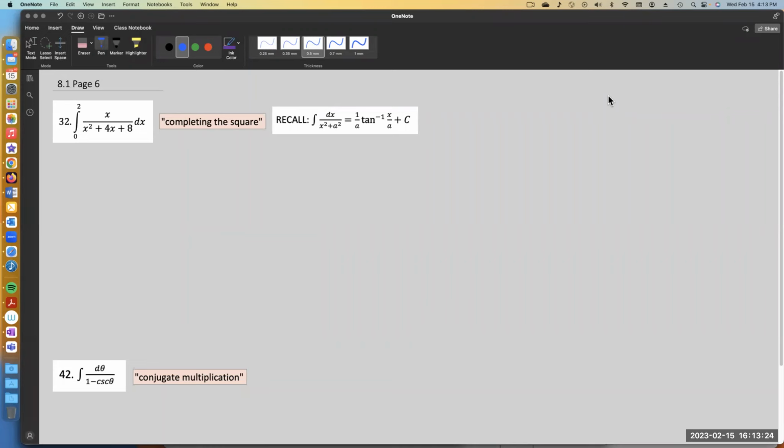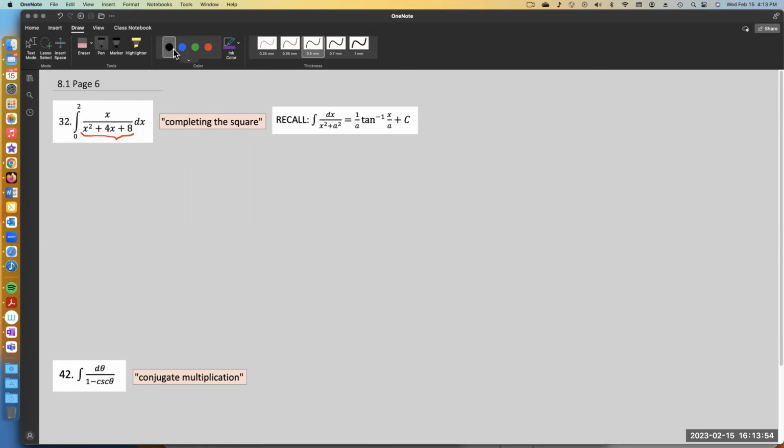All right, so our next technique, again, we get to dive back into our college algebra techniques. Completing the square, another technique that you all know and love. Here's how we're going to complete the square. We look in this denominator and we cannot factor that.